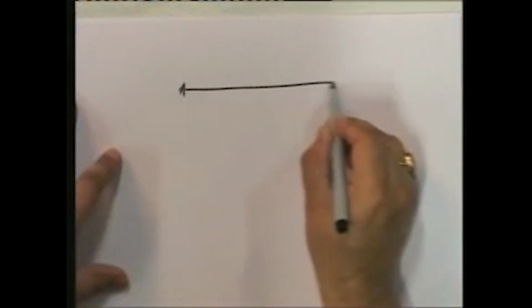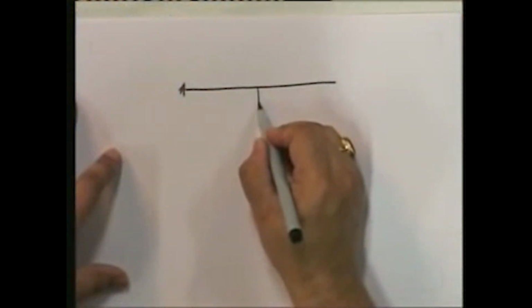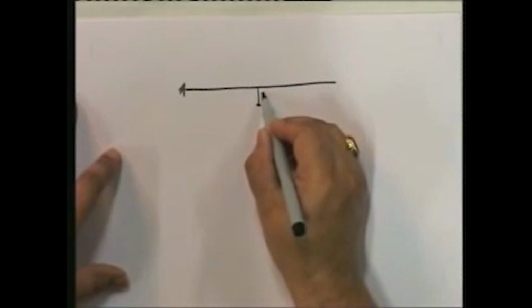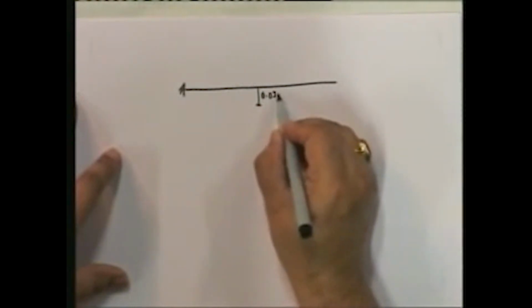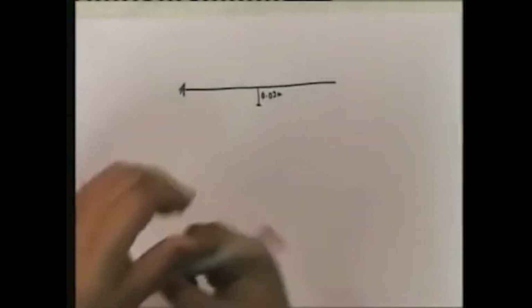What you have is this, and the support has settled. The support settlement is 0.03 meters. So what will the deflected pattern look like?